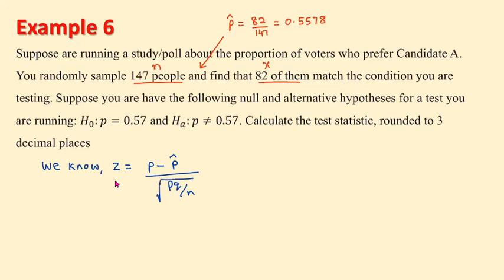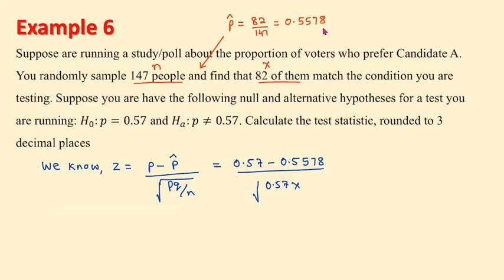If we plug in the values here, p is 0.57, and p hat is 0.5578, divided by square root of 0.57 times q.